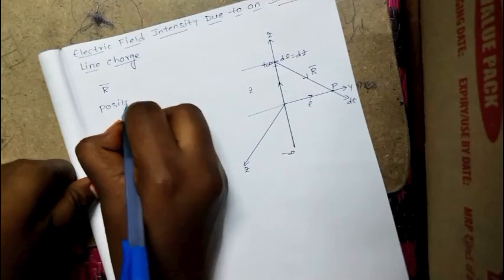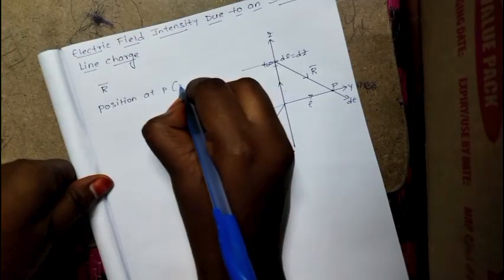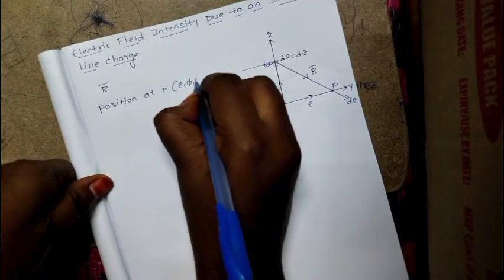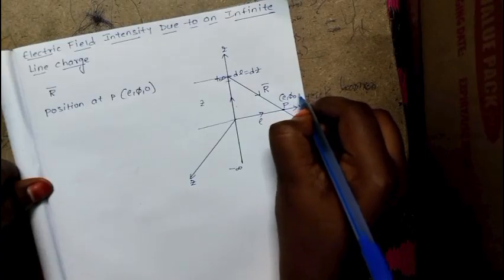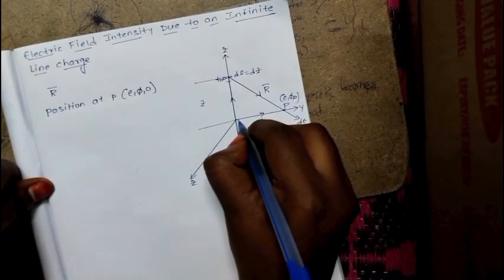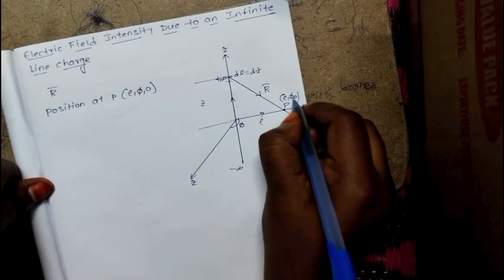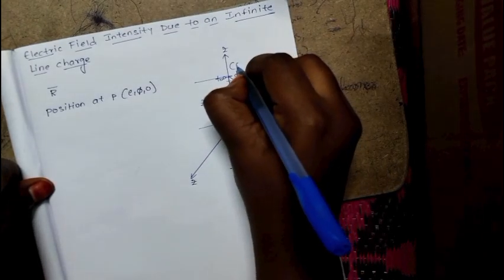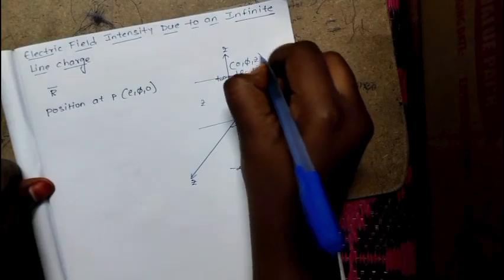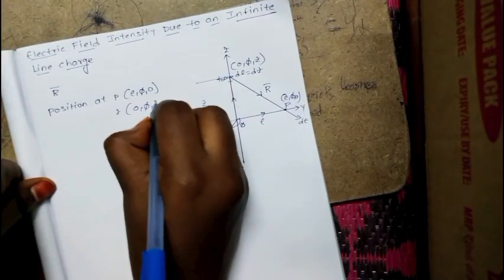Position at P, rho, 5, 0. This rho 5 0 is present, this is the point P. This point is 0 5 z, in the z direction.